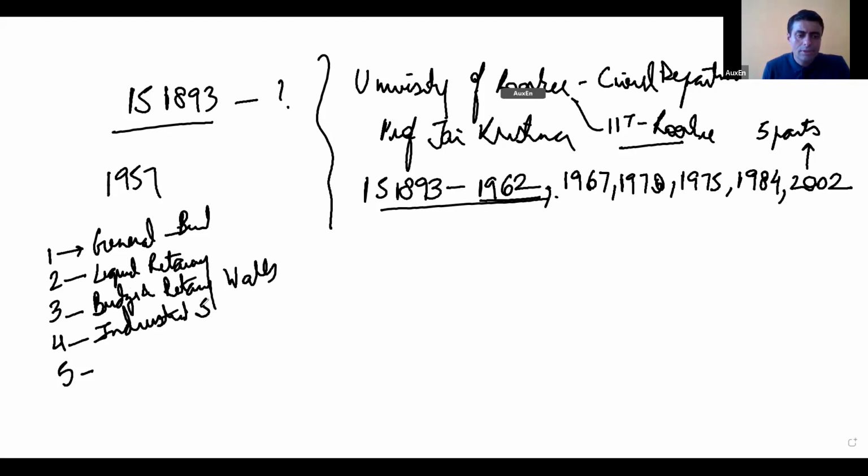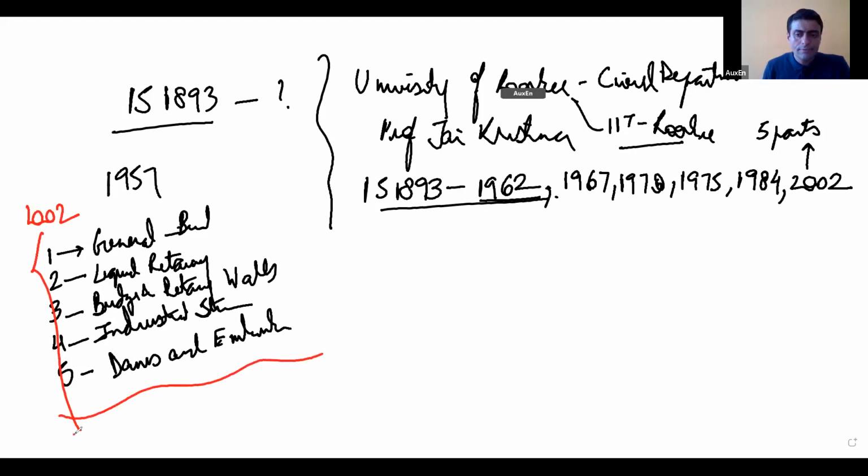Part 4 was industrial structures, and part 5 was dams and embankments. So these were the 5 parts that were published in the year 2002. Anyone who is aware about a 6th part that was published in 2022?